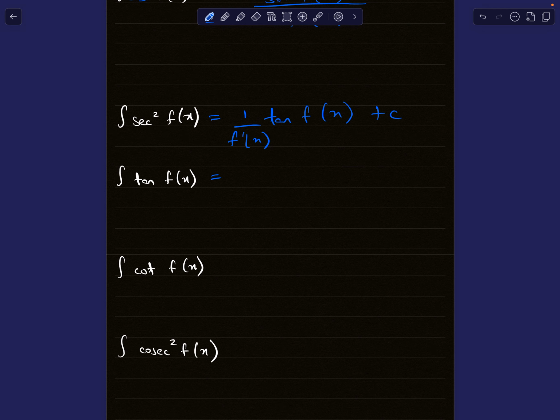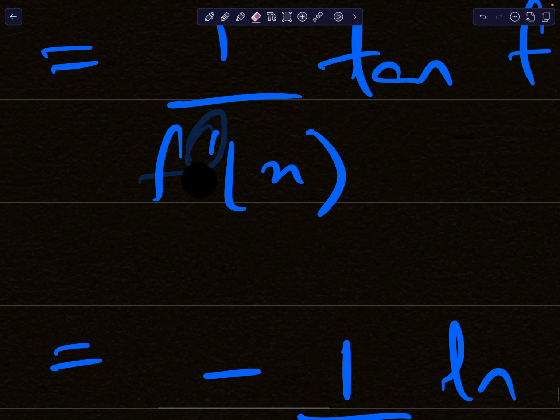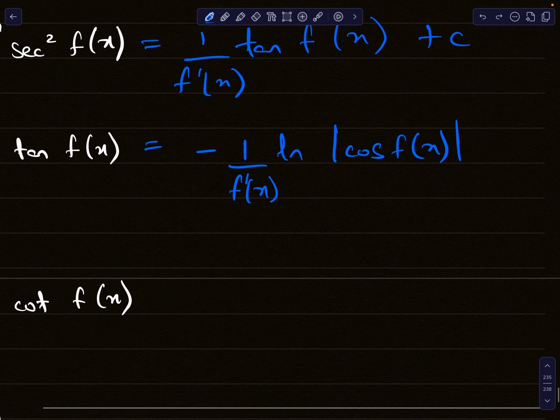The integral of tan x is ln modulus cos f of x, and this is a minus ln, mind you, and don't forget to divide by the differential of f of x. This dash indicates differential. Don't forget to add a c too.